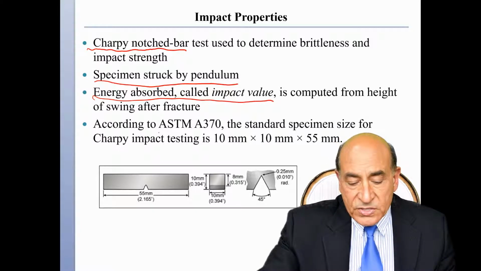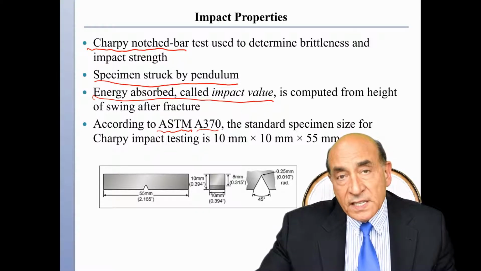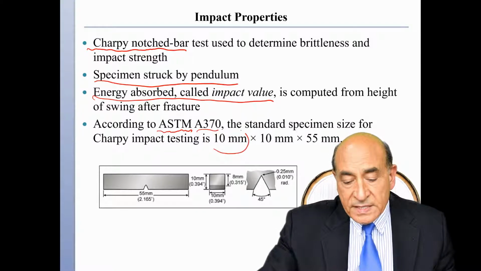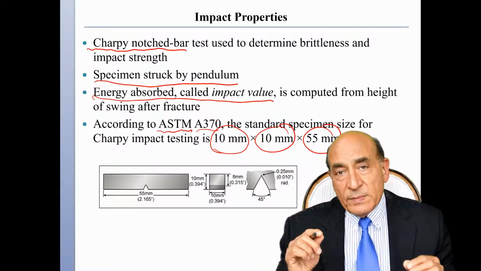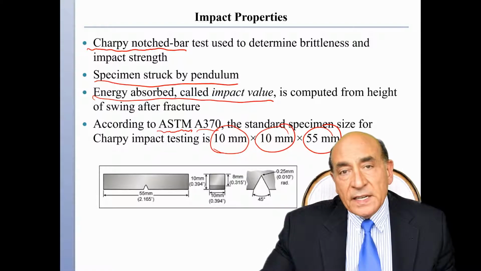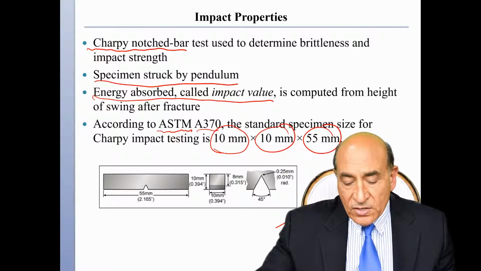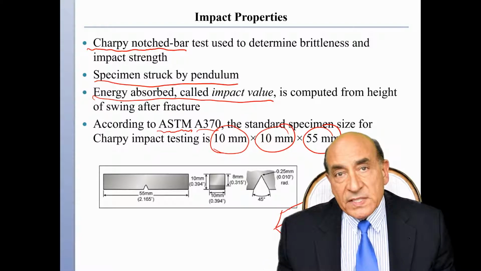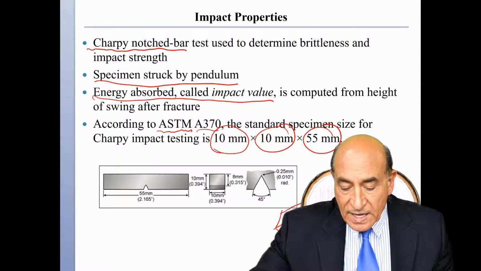The ASTM standard A370 shows that the sample is 10 millimeter by 10 millimeter by 55 millimeters, so it's 1 by 1 centimeter in cross section, and it's 5.5 centimeters long. The sample is notched in the middle.